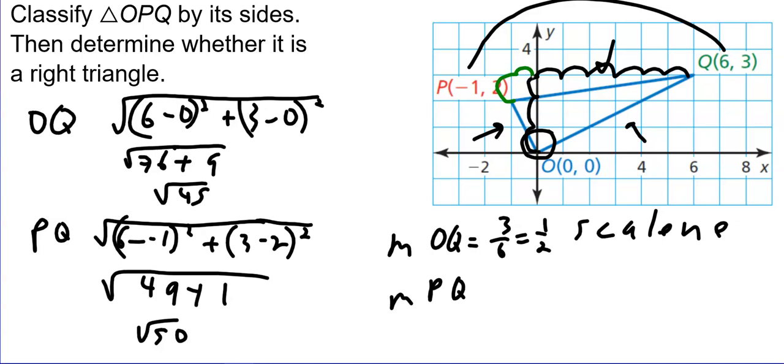I need OP. We're looking at this line here and this line here to see if they're right. For OP, we're going up 2 and left 1.